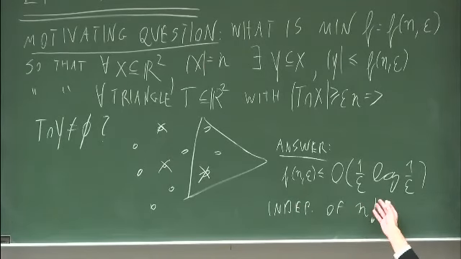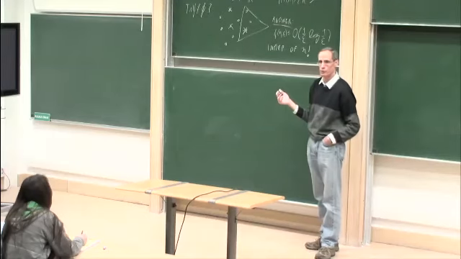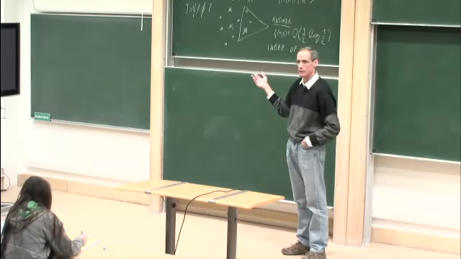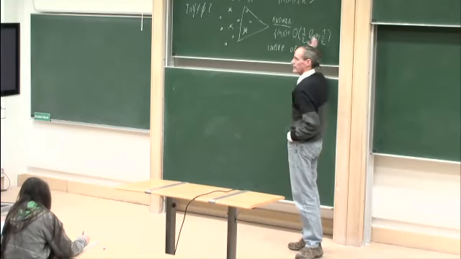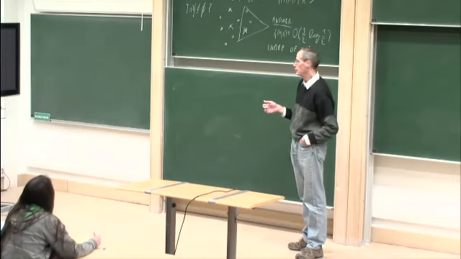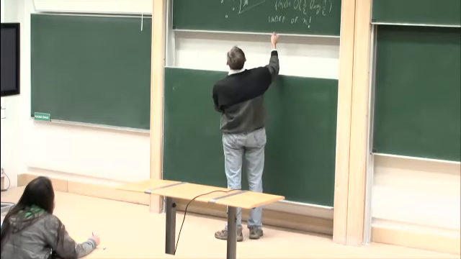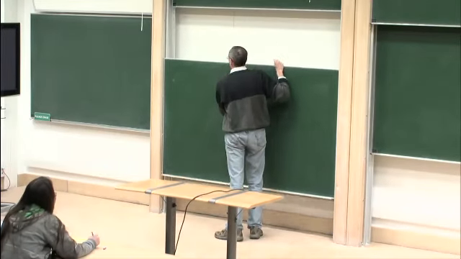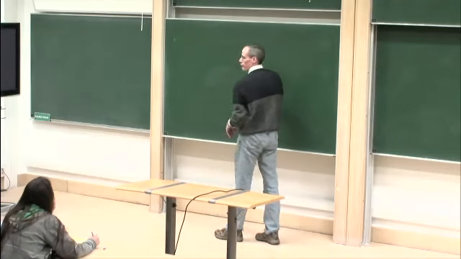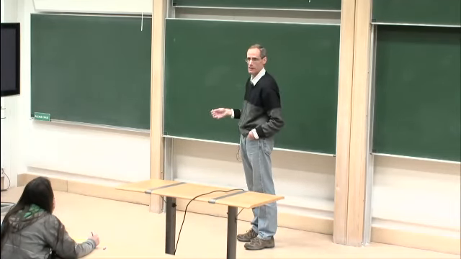That's an exclamation mark, but it's independent of n factorial as well. So it's independent of n. If you try to prove it directly, it will be very easy to prove something like this with a log n multiplying it. And it's quite surprising that this is independent of n. And this is a special case of a result of Haussler and Welzl, but really of Vapnik and Chervonenkis. So let me talk a bit about that.